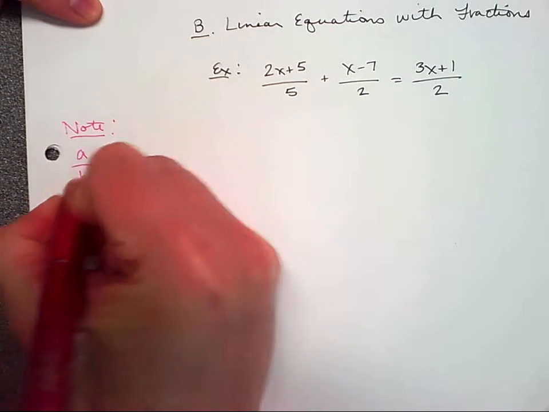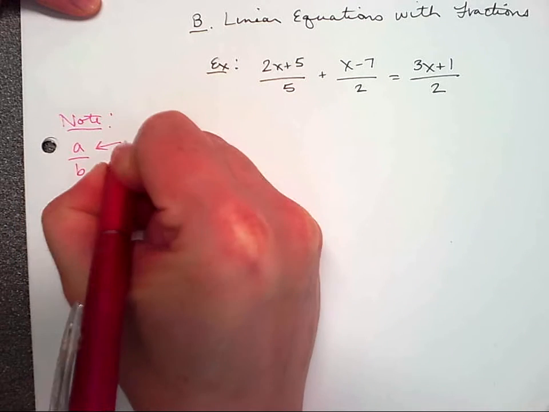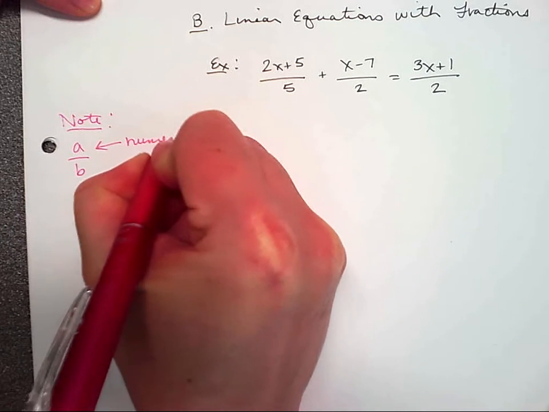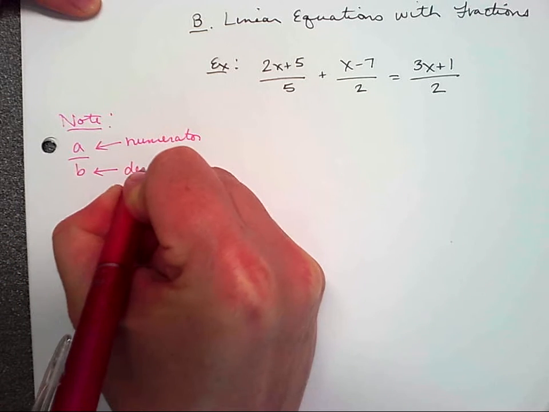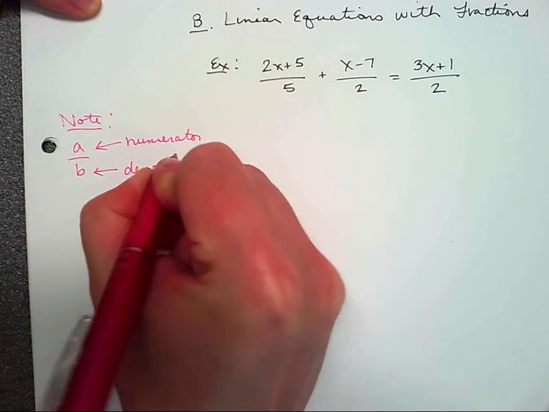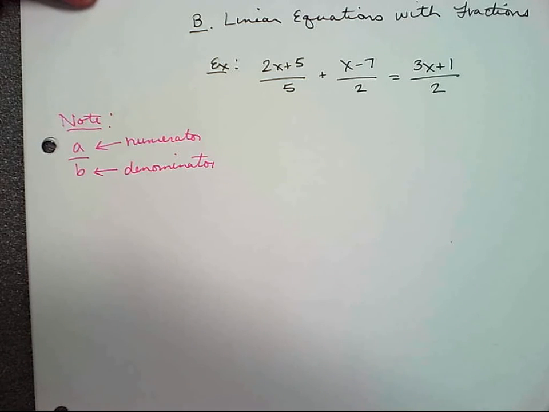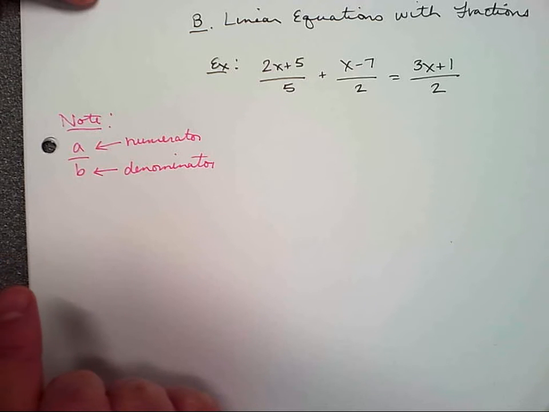A over B. The top is the numerator, and the bottom of the fraction is the denominator. So that way when we're talking about numerator and denominator, we're all on the same page, right? So in these examples, the denominator is going to be a number.